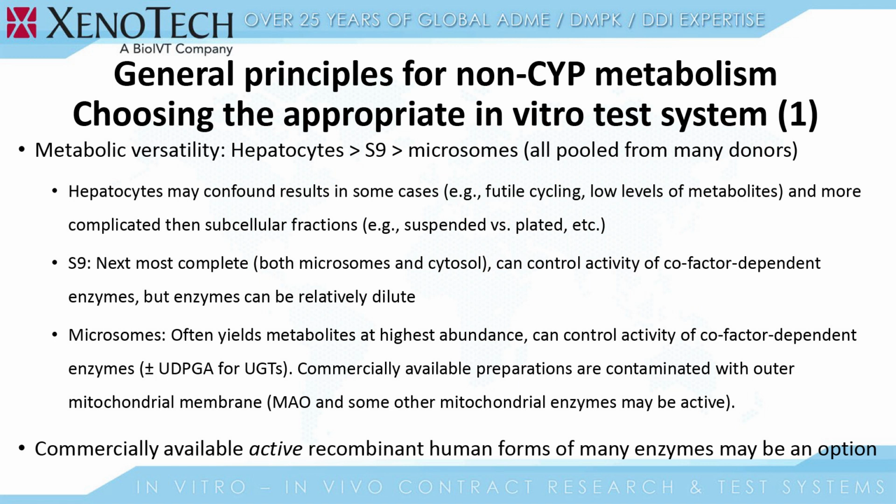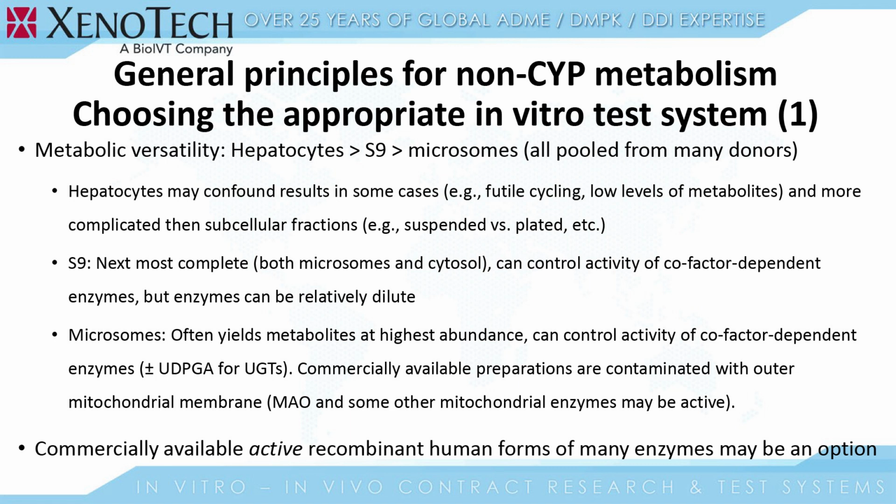And I'll go into this and we'll talk about it with some examples and case studies further on in the presentation. But some thought and prior knowledge is good to have ahead of time. Hepatocytes, which are often considered to be the gold standard test system for metabolism studies, might not always be the best test system of choice when approaching non-CYP metabolism.